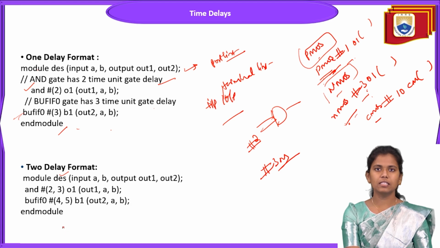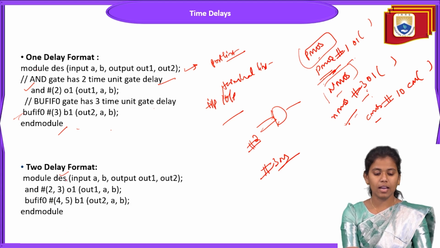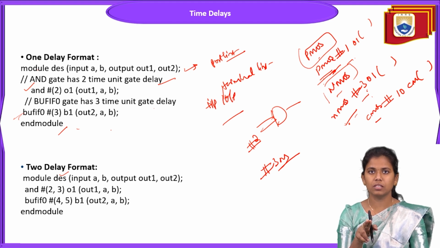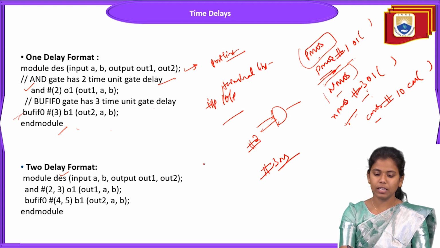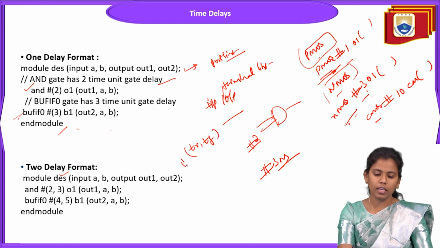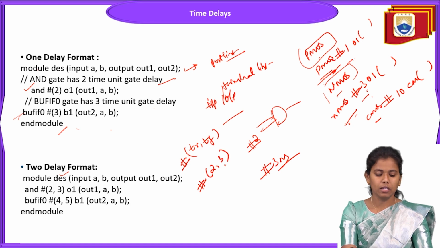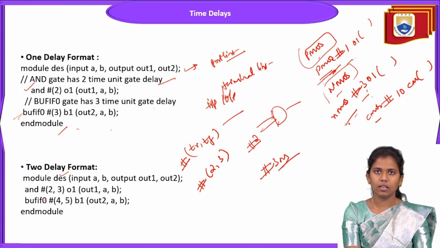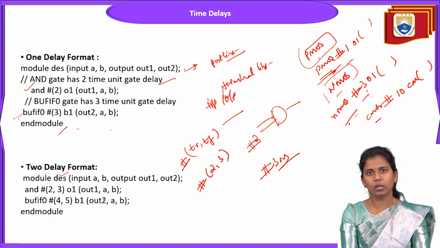As it is a 2 delay format, I have to represent the delays in terms of 2 numbers, right? One is with respect to rise time and one is with respect to fall time. So here I have to represent the 2 delays, 2 and 3. So AND gate, hash, 2 and 3, name of a gate and then the port list.